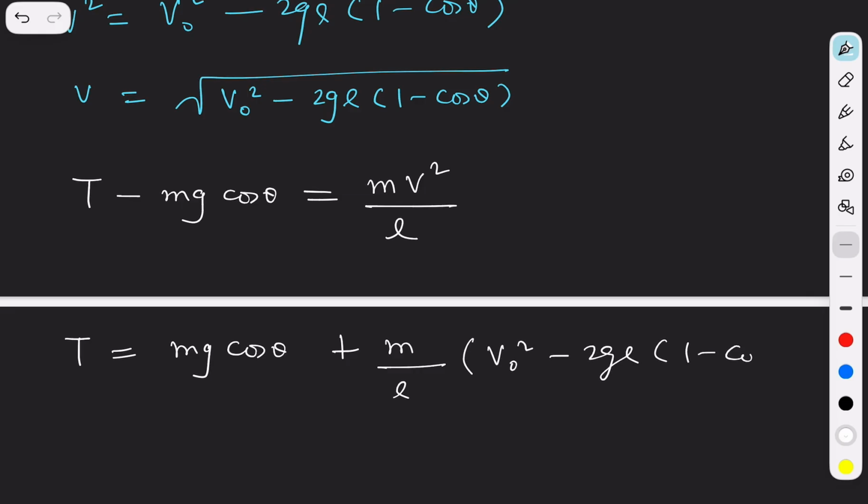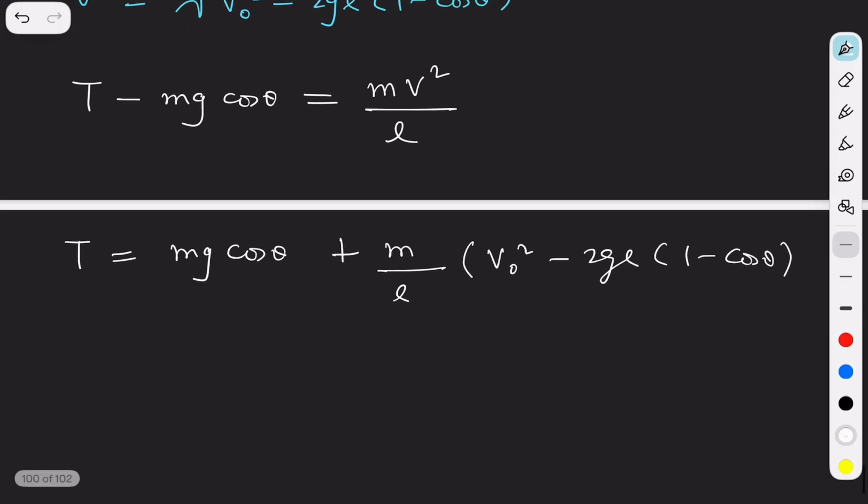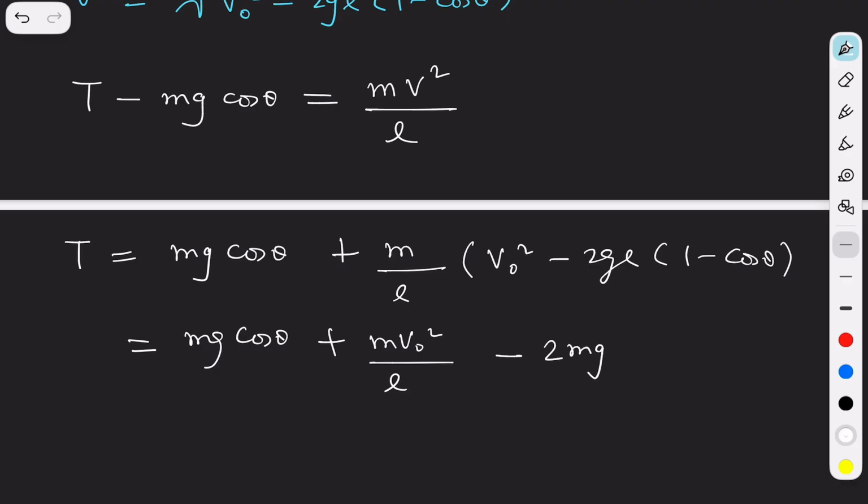If we solve this, it will be mg cos theta plus m v naught square by L minus 2mg plus 2mg cos theta.